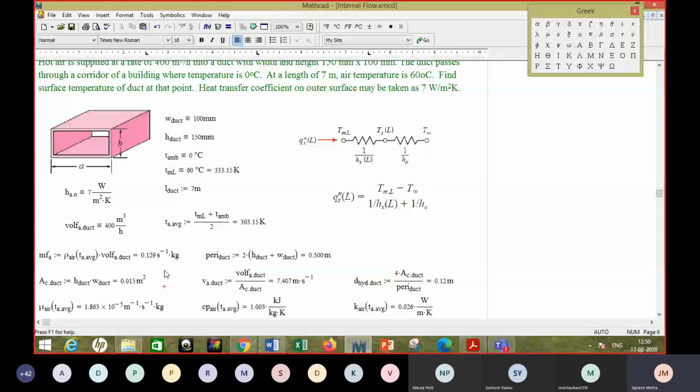If it is laminar flow, you may have to refer to the table shown in the book. If it is turbulent flow, you need not worry much, and you can use the Dittus-Boelter correlation or other relevant correlations, which are for circular tubes, but it can still be reasonable to use them even for non-circular cross sections.